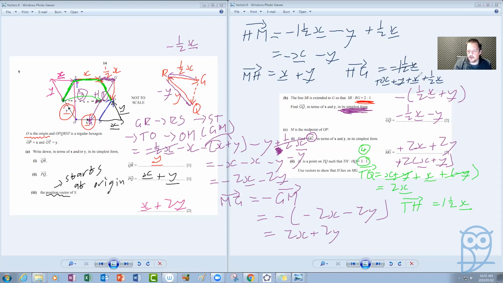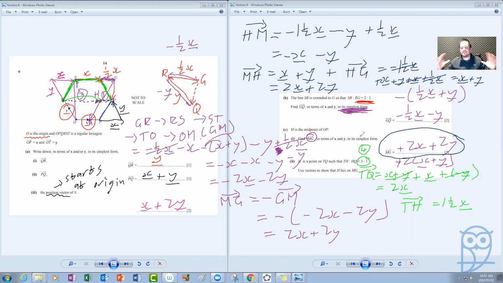Minus 1.5x plus x plus a half x cancel, and we're left with x plus y. But hold on. If MH plus HG, x plus y and x plus y, gives me 2x plus 2y, that is exactly the same as what MG equals.